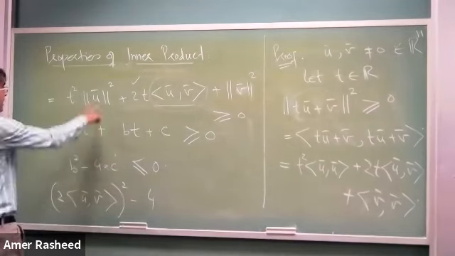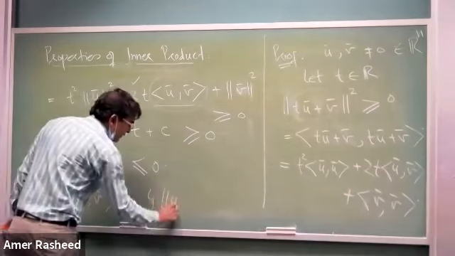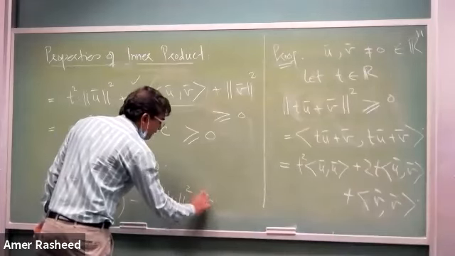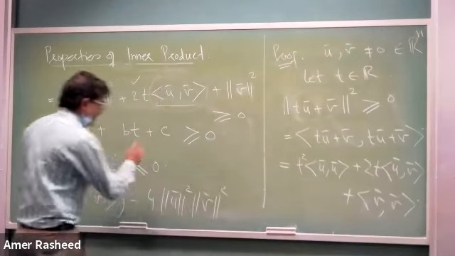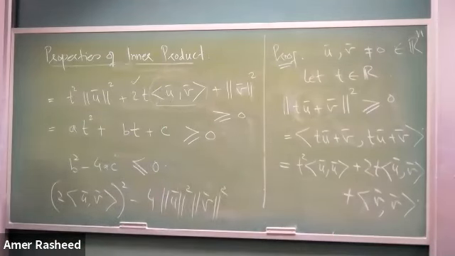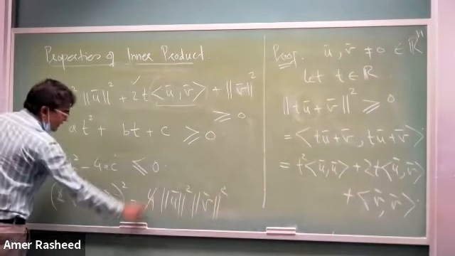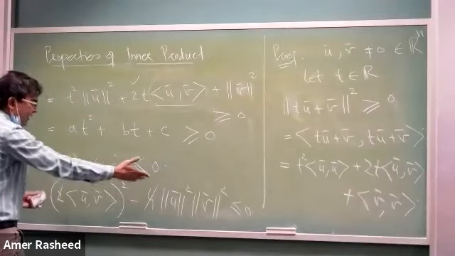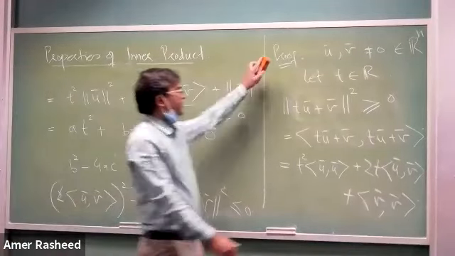A is nothing but norm of u square, and c is what? Norm of v square. यहाँ से ये 4 और 4 कैंसिल हो जाएगा, ठीक है? And this is less than or equal to 0. आप इसको दूसरी साइड पे ले जाएं and then take the square root on both sides, you get the required result.